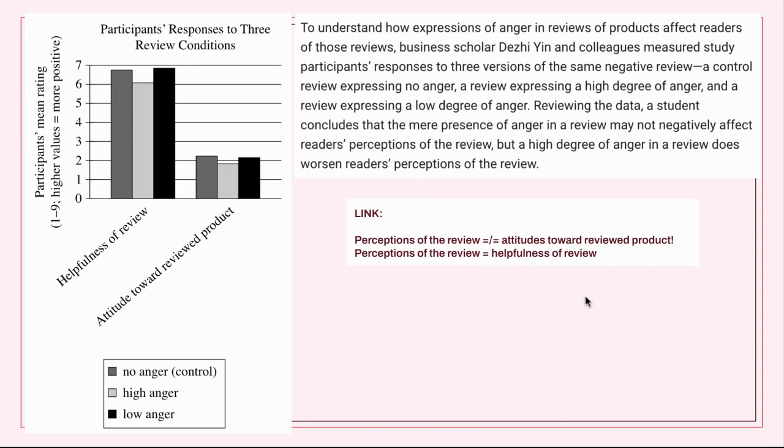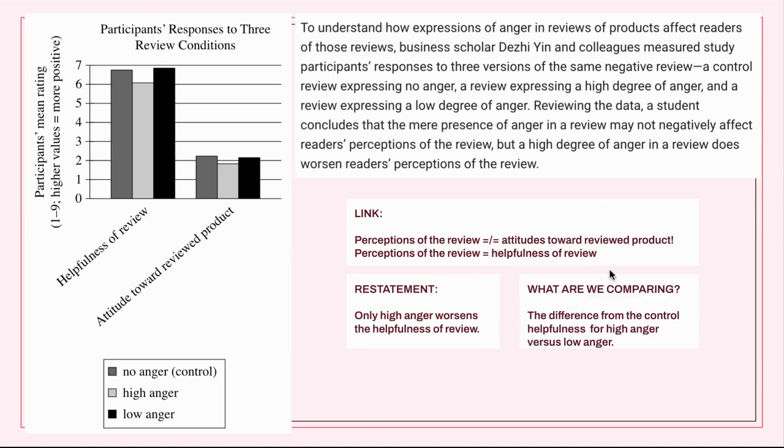So if I had to restate the conclusion, they're pretty much saying only high anger will worsen the helpfulness of the review. Only if there's a lot of anger, people are going to be like, actually, this isn't that helpful. So what are we comparing? We're comparing the difference from the control helpfulness for high anger versus low anger.